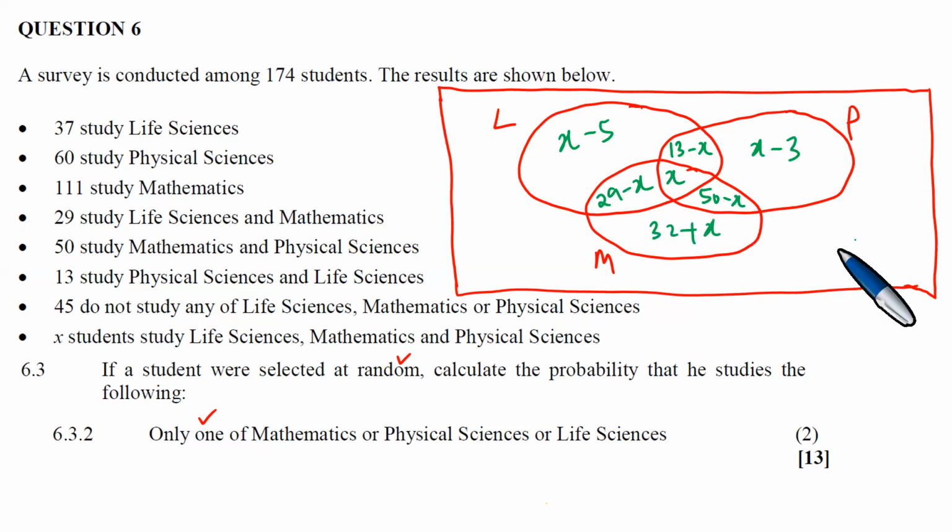We already know that the Venn diagram is like this. If a student was selected at random, calculate the probability that he studies only one of mathematics, physical sciences, or life sciences, only one of those. What is the probability there?